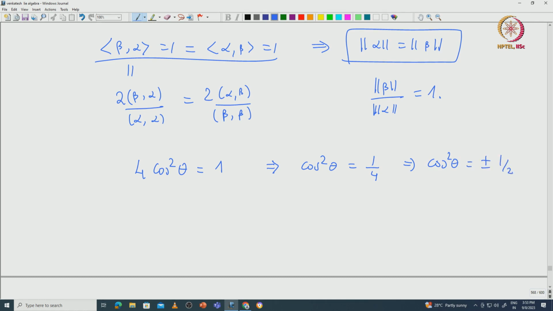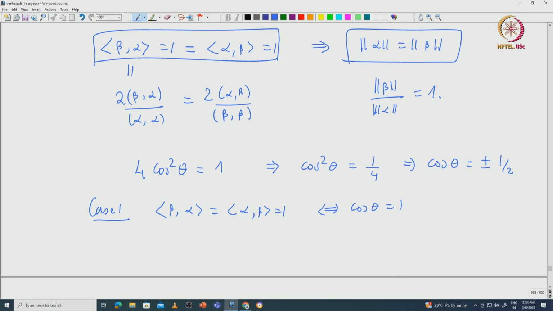In case 1, when beta alpha and alpha beta both are 1, we get cosine theta to be 1 by 2.